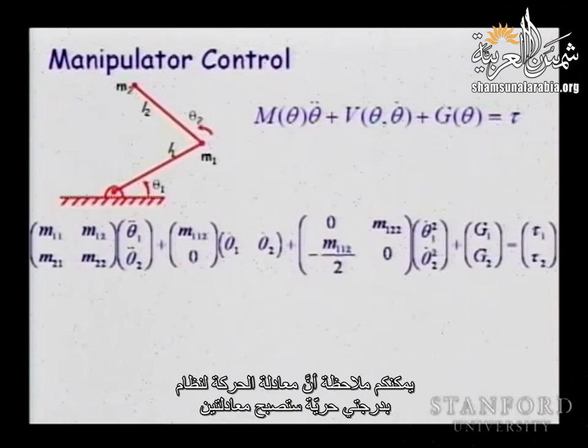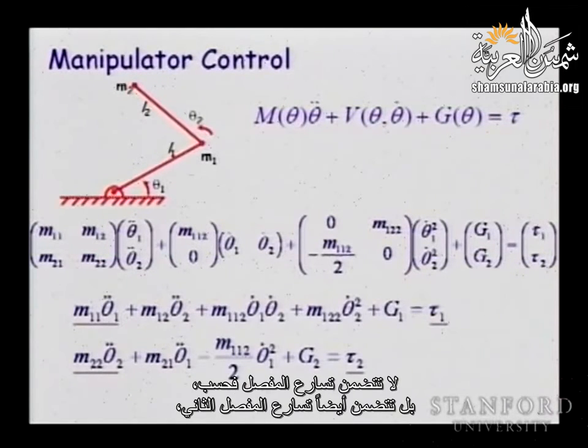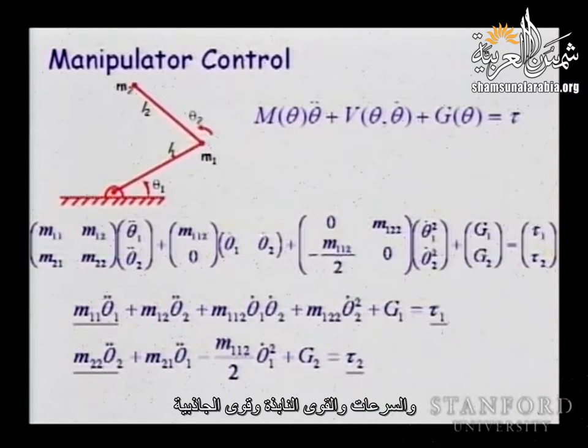You can see that the equation of motion for 2 degrees of freedom comes to be sort of 2 equations involving not only the acceleration of the joint, but the acceleration of the second joint, the velocities, centrifugal Coriolis forces, and gravity forces.